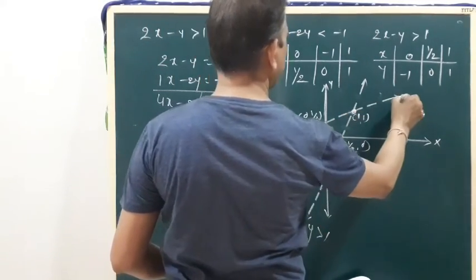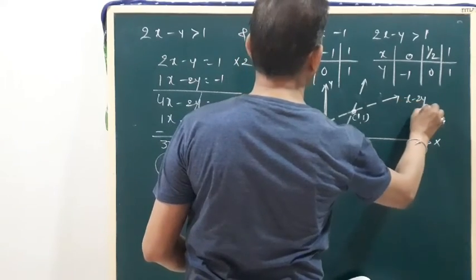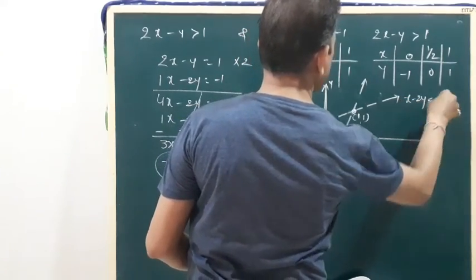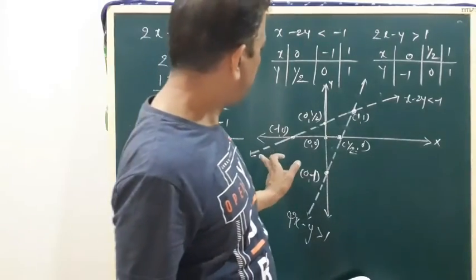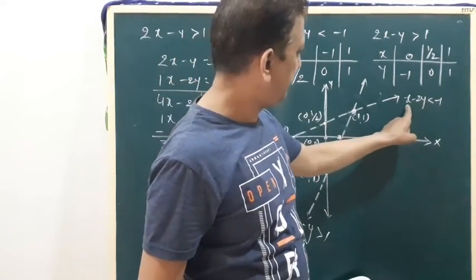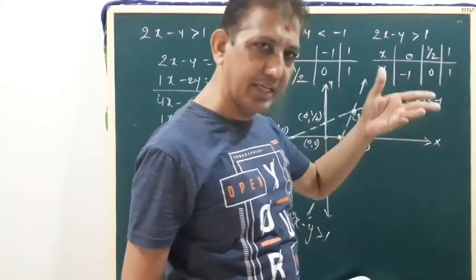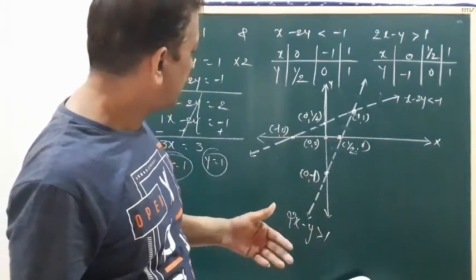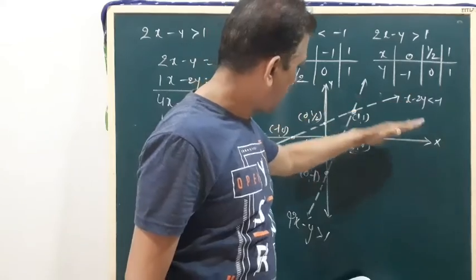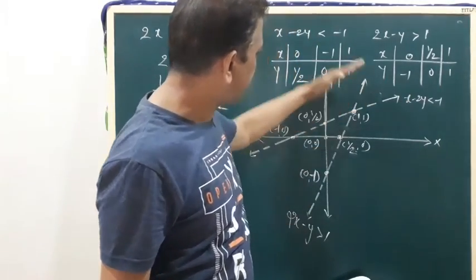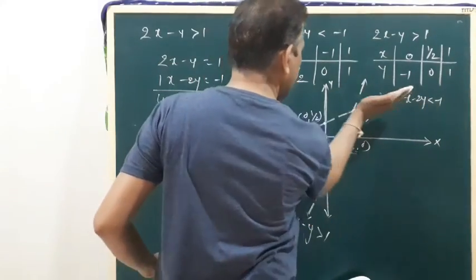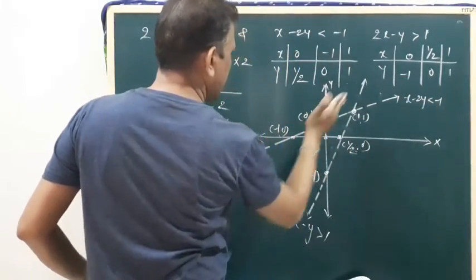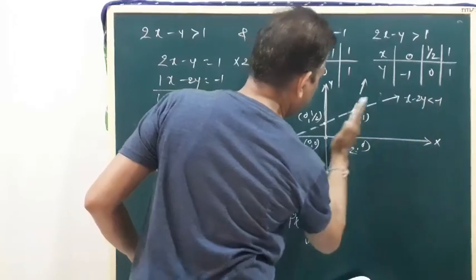And the second line equation, x minus 2y less than minus 1. Now you can decide which portion. Does 0, 0 satisfy? 0, 0 is not less than minus 1, it is greater than minus 1. Okay, so for the second line, lower part is not included, upper part is. So second line is upper part and first line is lower part, right side part.